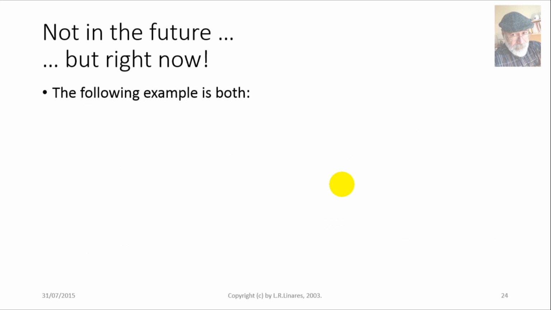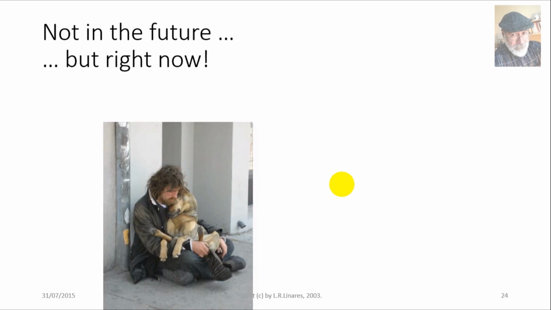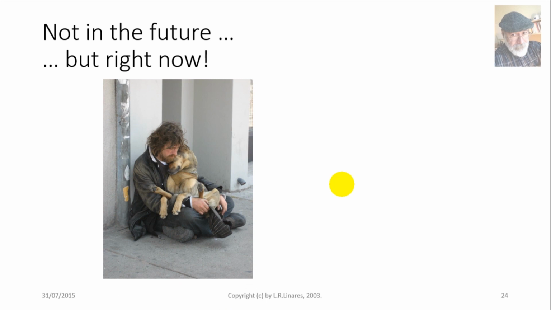The following example is both cruel and ridiculous. Why do I insist on that? Because we humans never forget cruelty, and we never forget ridiculosity. I promise this is a real word. I approach this unfortunate fellow in the street and ask him the very cruel question, "Sir, are you rich?"